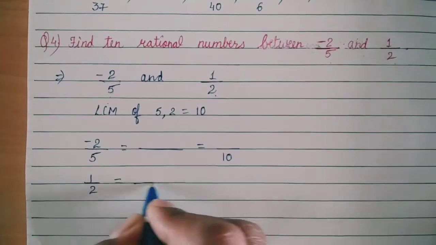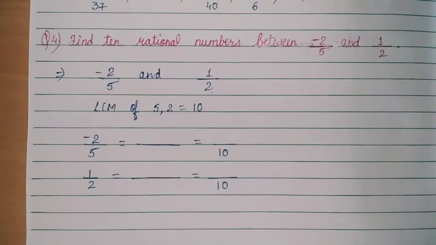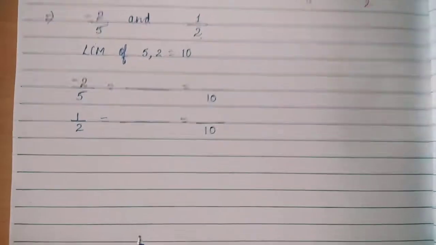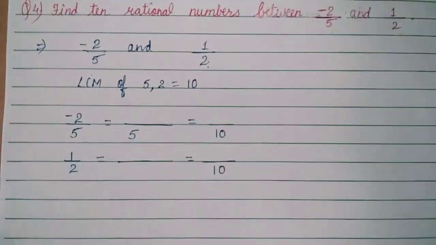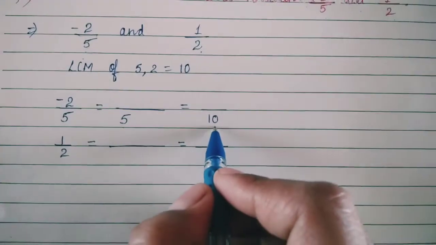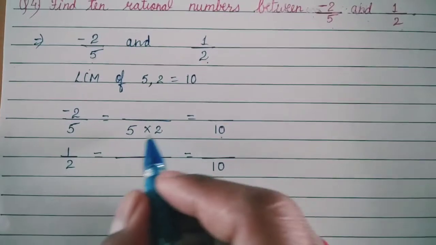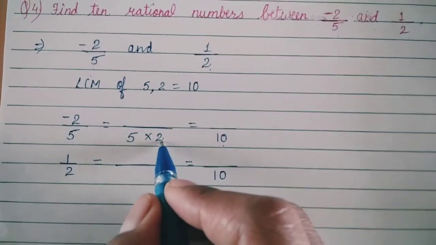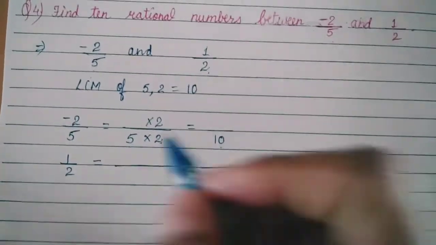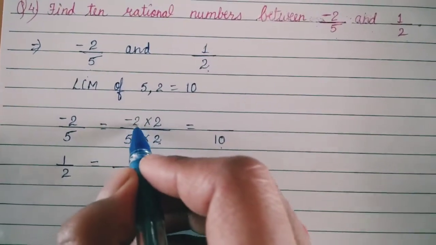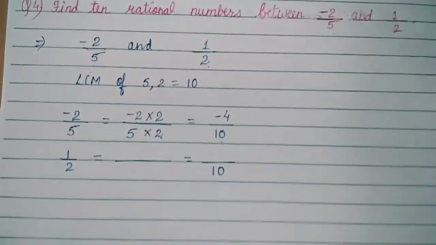In the denominator we have 5, and 5 gives 10 when multiplied by 2. So if we multiply 5 by 2 in the denominator, we multiply the same 2 in the numerator. Minus 2 into 2 is minus 4.